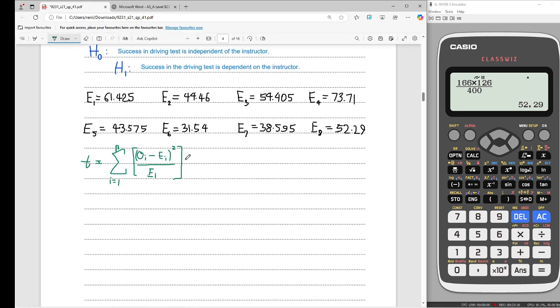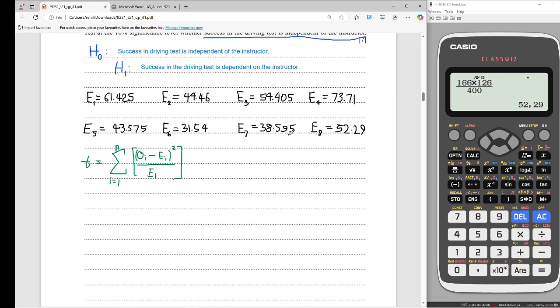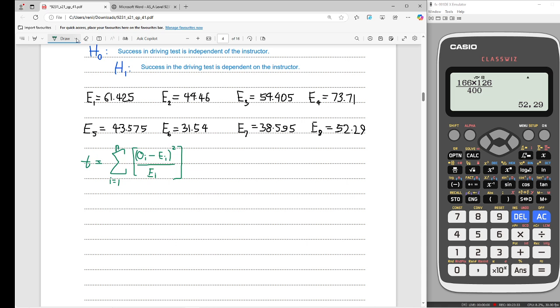Now this formula only holds when every single expected value we've calculated here is greater than 5. In this case, all the expected values are well above 5, so we need not worry about combining any rows or columns. Okay, now to calculate the test statistic, using the formula we can just plug in our values.